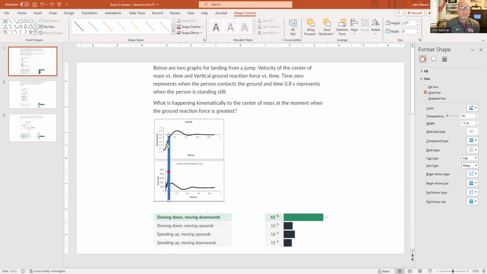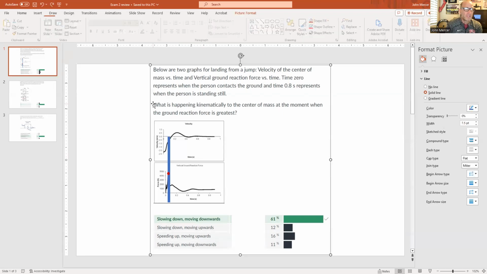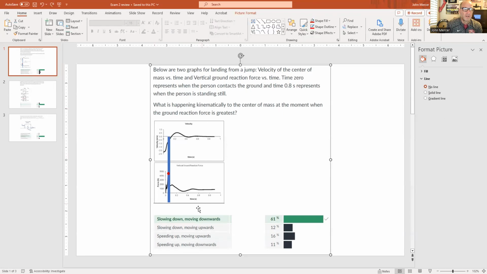So the magnitudes are getting smaller, velocity is getting less and less, which means we would say velocity is slowing down. So that's going to take us to this answer: slowing down, moving downwards. Remember, when you see this question, what is happening kinematically, I want you to automatically think two things: which way is the direction of movement and what's happening to velocity.